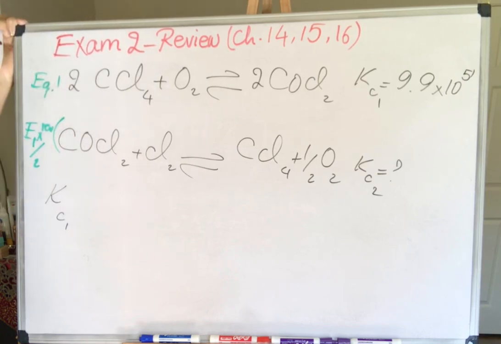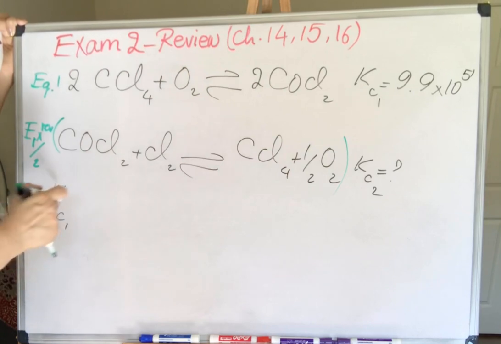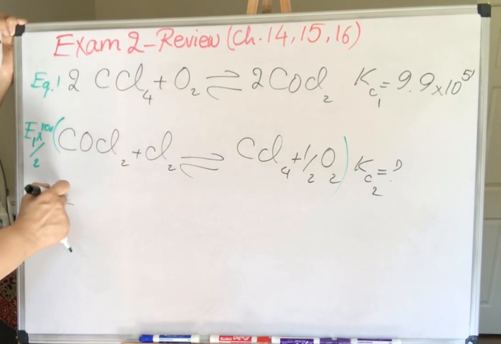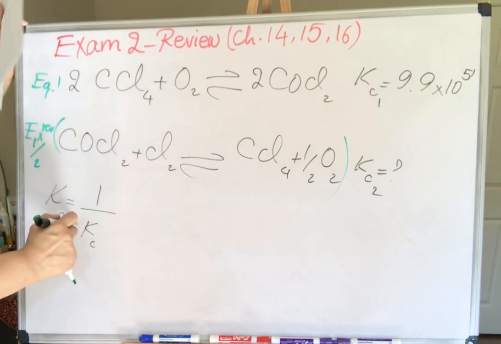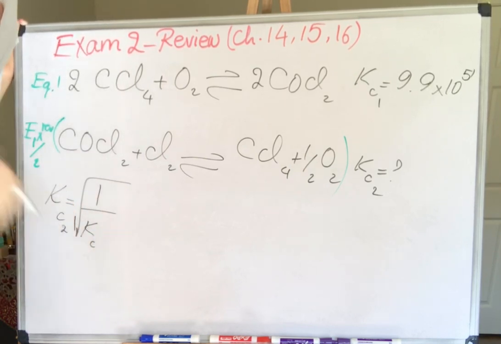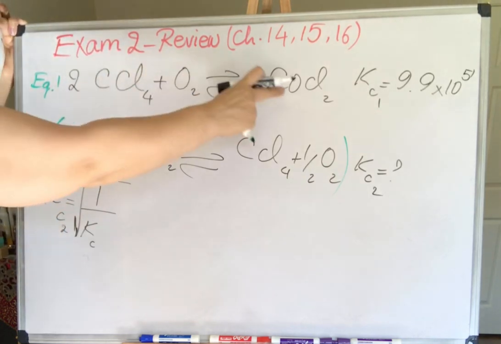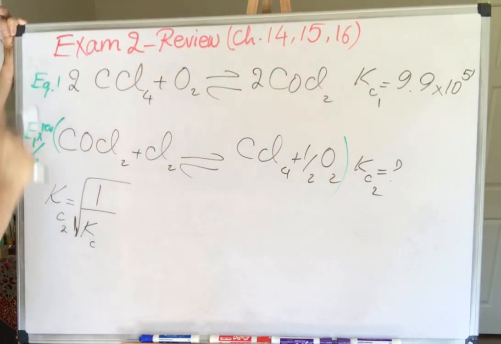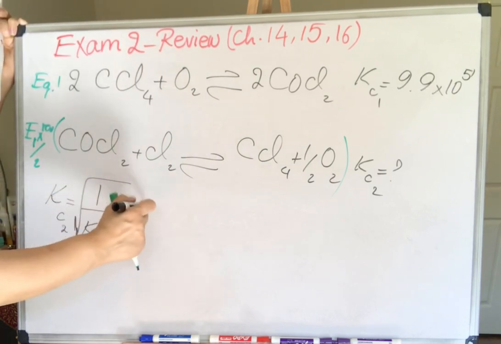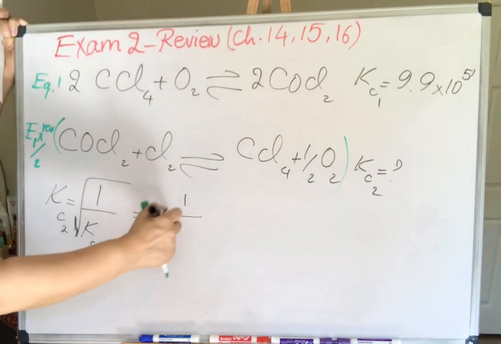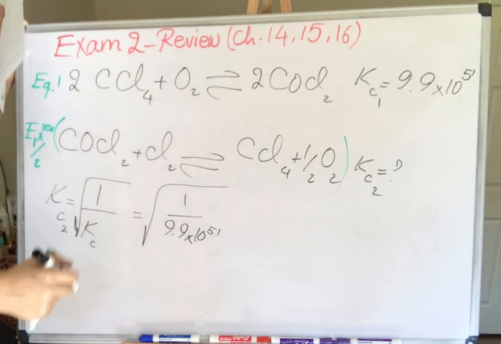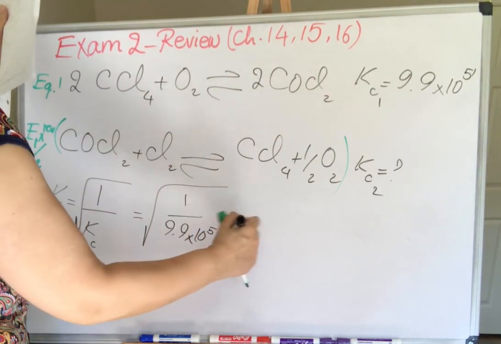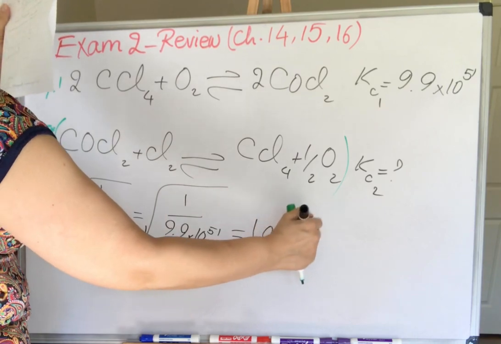So you can say that Kc2 is 1 over Kc1 to the power of one half, the square root. You can easily write down the reactant and product and examine it. So you just need to reverse that 9.9 times 10 to the 51 and take the square root. It would give you 1 times 10 to the negative 26.